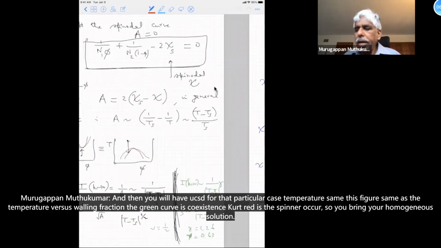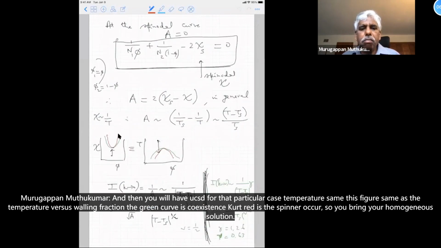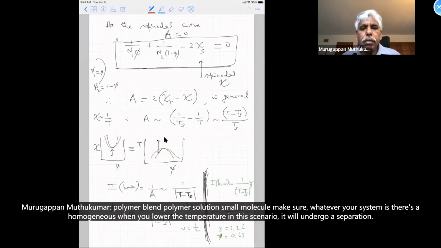For that particular case, this figure is the same as the temperature versus volume fraction. The green curve is the coexistence curve and red is the spinodal curve. So you bring your homogeneous solution, polymer blend, polymer solution, small molecule mixture, whatever your system is, it's homogeneous.